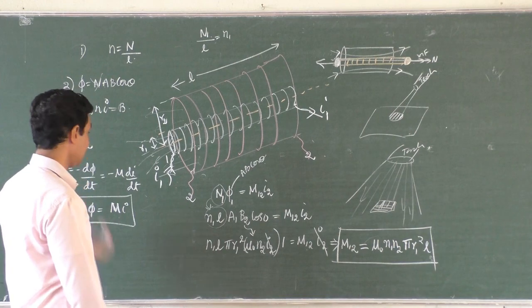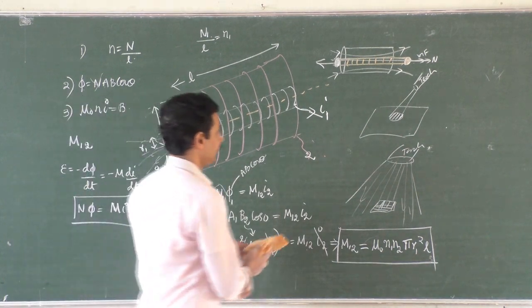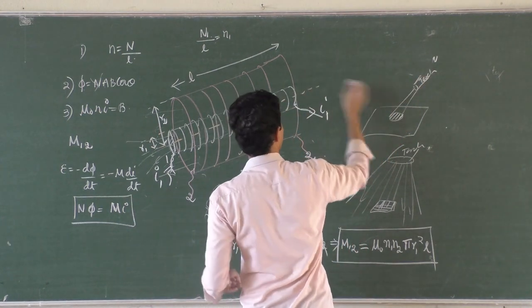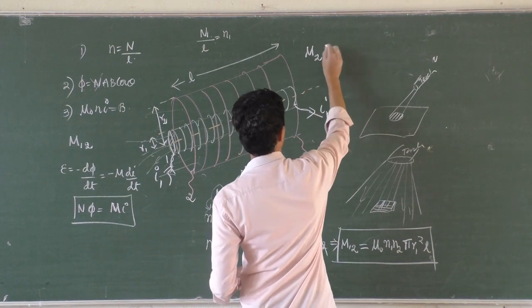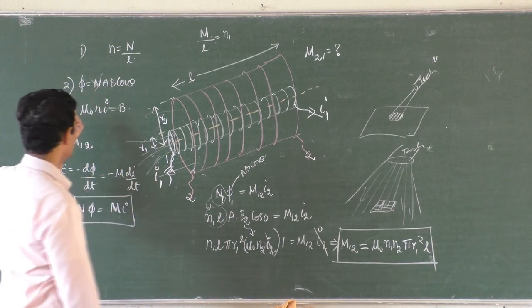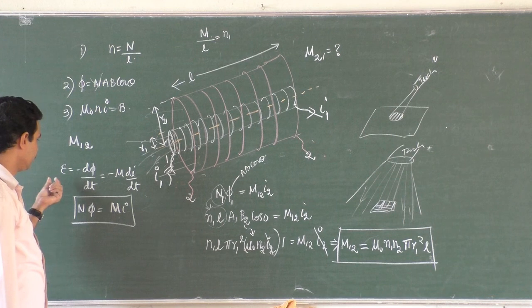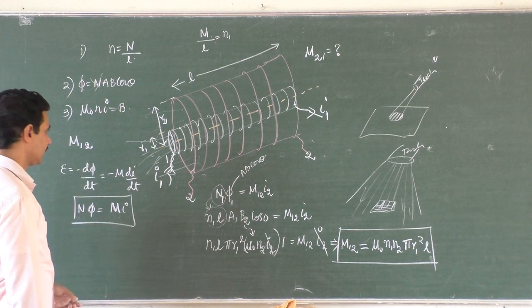Mutual inductance of the secondary coil with respect to the first coil, that's what you have to write now, okay? Let me keep this and I will rub it later. Mutual inductance of the secondary coil with respect to the first coil, what is this? Again the same formula, E is equal to minus d phi by dt is equal to minus M di by dt, and now N phi is equal to M I after integrating.